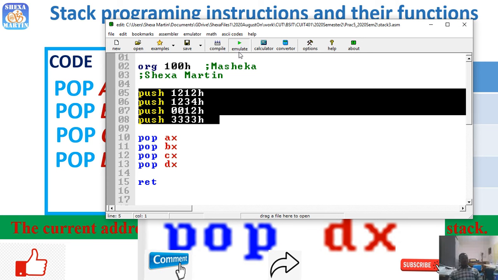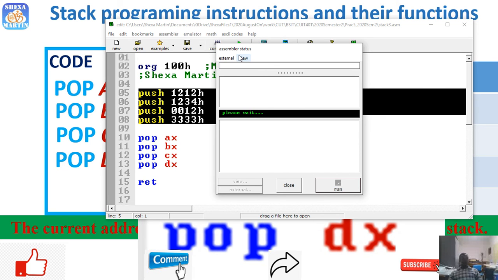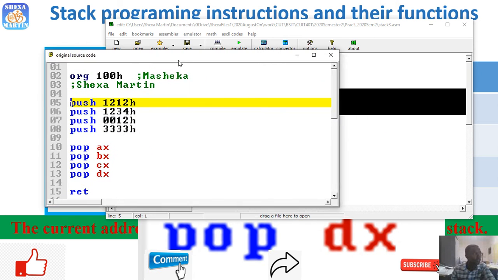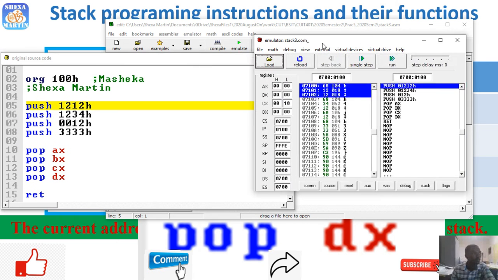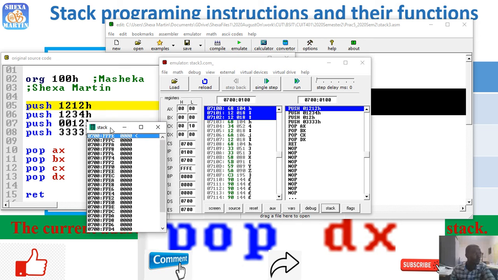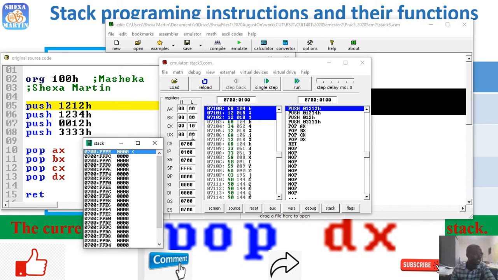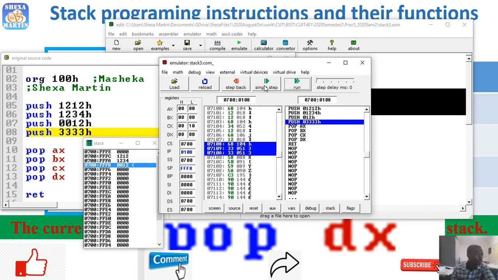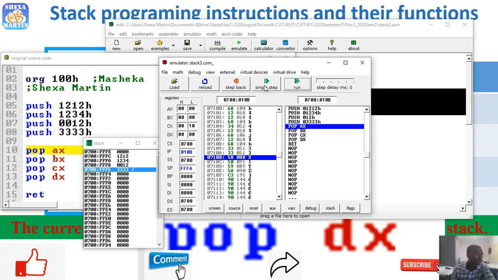So you will see what happens here with our stack. We open our stack and put the values there so that you can see them. When I execute this, you'll see values being pushed onto the top of the stack.